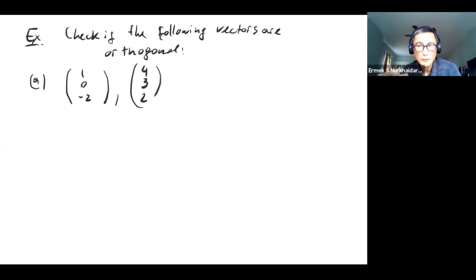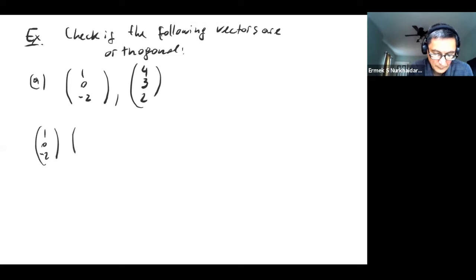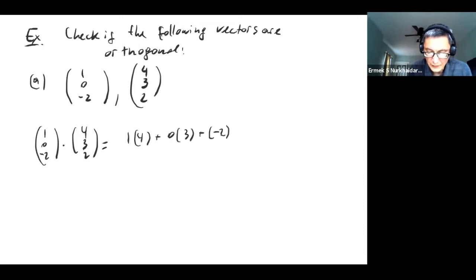All we have to do is take the dot product and see if the dot product equals 0. If the dot product equals 0, then they are orthogonal. If the dot product is not equal to 0, then they are not. So we take the dot product. So 1 times 4 plus 0 times 3 plus negative 2 times 2. So we get 4 plus 0 minus 4, so we get 0. Yes.